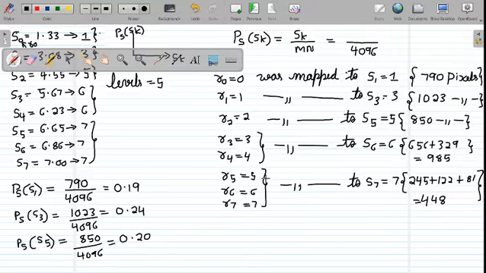Next, PS of S6. So that is 985 divided by 4096. So that is 0.24.